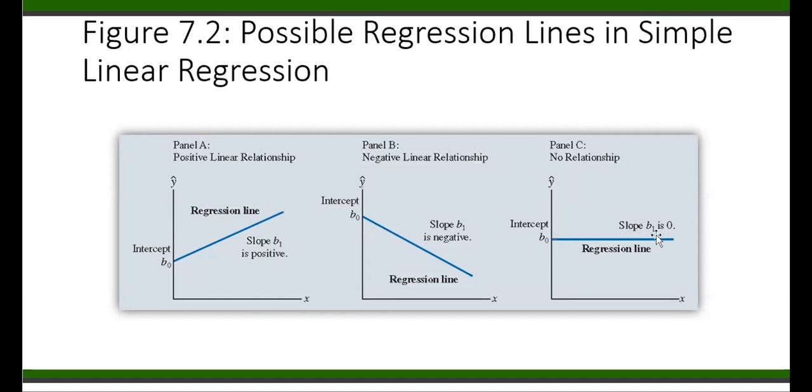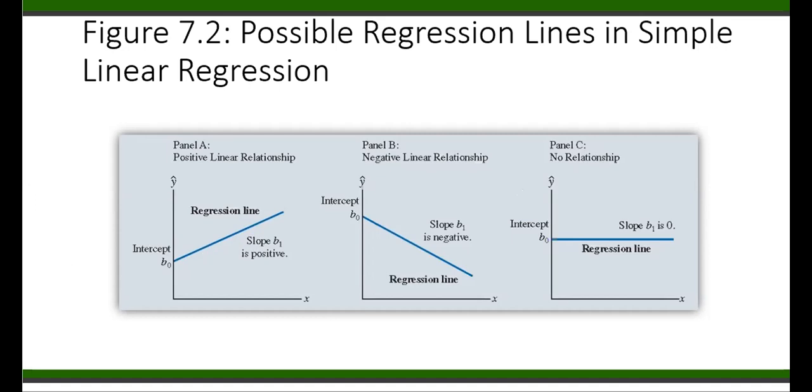When you draw the linear trend line, you would get a flat horizontal line, which would basically say that y doesn't change. If you increase or decrease x, y doesn't change, or at least the estimated value for y does not change. So that is the conclusion that we make.